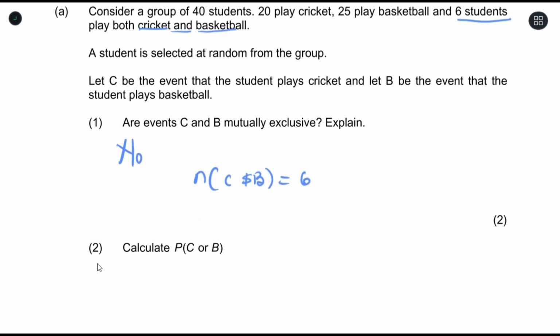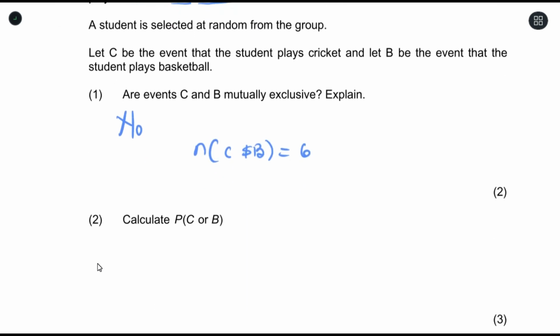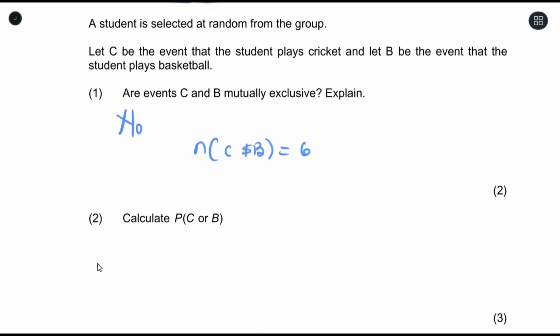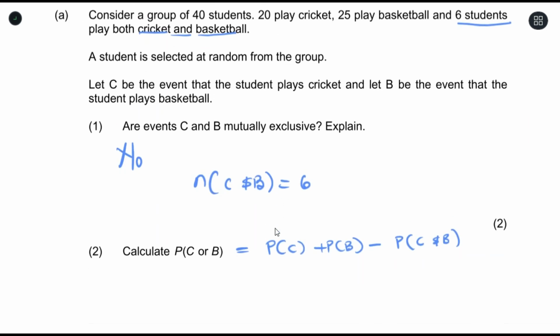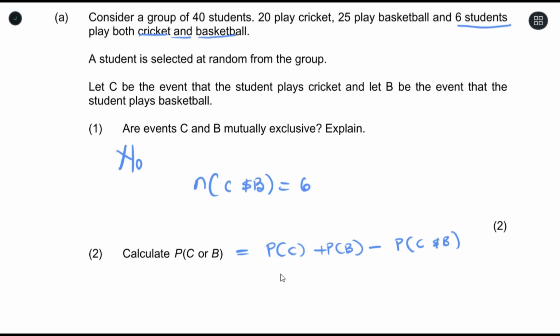Okay, next question. Question 2 here says calculate the probability of C or B. To calculate the probability of C or B, the formula we normally use is the probability of C plus the probability of B minus the probability of C and B. The probability of C, since 20 students play cricket, is 20 over 40, plus 25 playing basketball, so 25 over 40, minus the probability of both, which is 6 over 40.